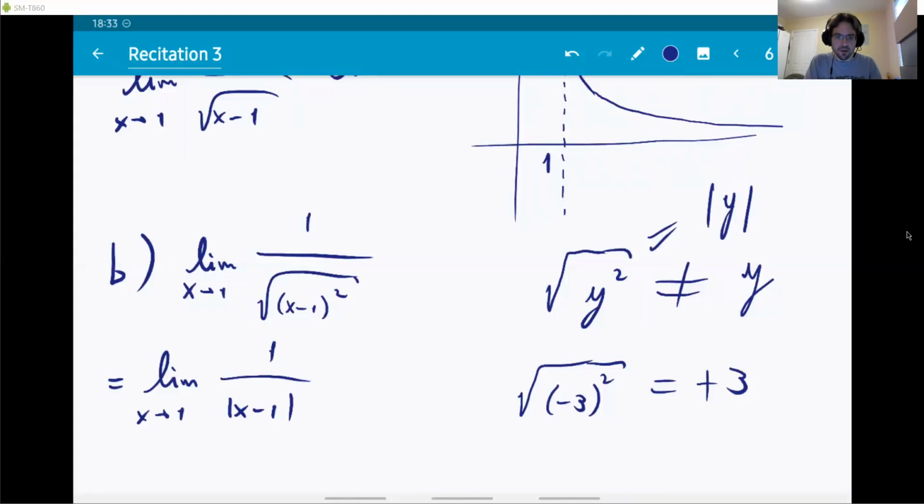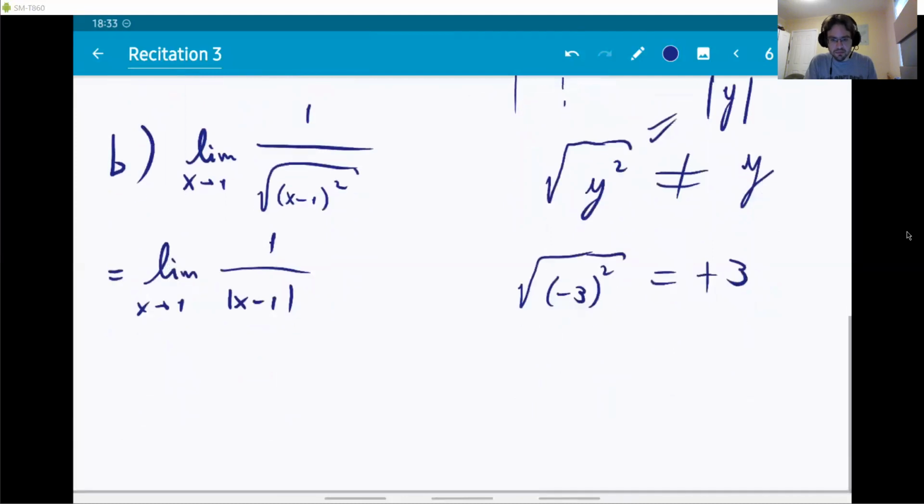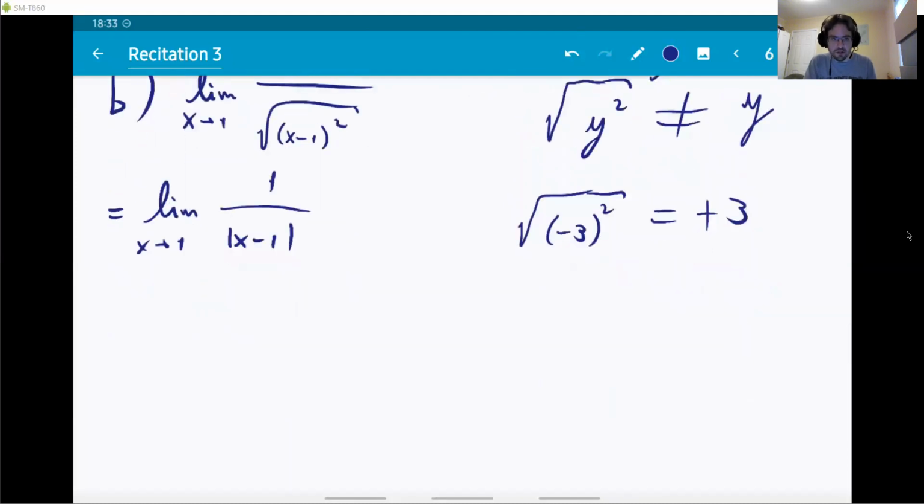And when you look at this, you realize this is a case where you need to analyze the two separate one-sided limits. I mean, you don't need to, but we will. But as you can see, both will give you a positive value because there's an absolute value in the denominator anyway. So you can simply say this limit is equal to 1 over positive.